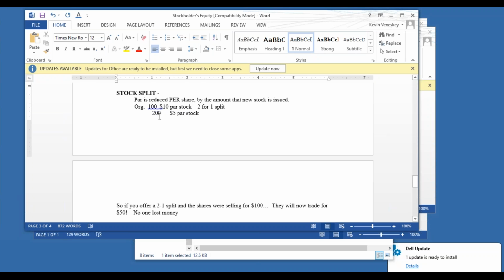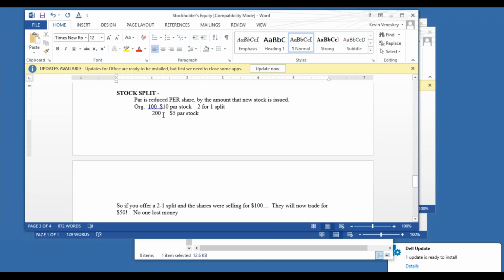The price per share usually gets cut in half, and the par value gets cut in half as well when you have a 2-for-1. So if you have 100 shares, you now have 200 shares, but they're worth half as much.